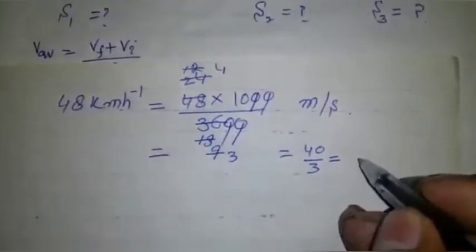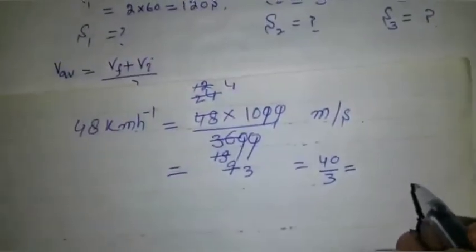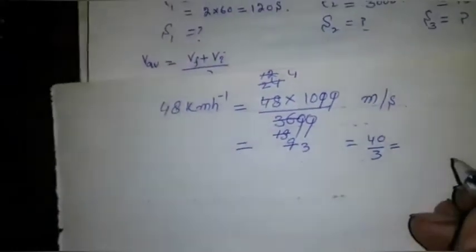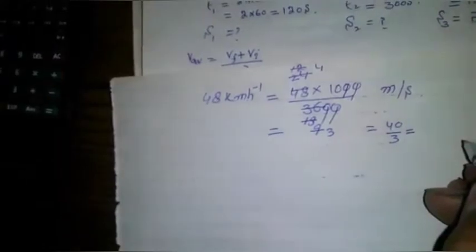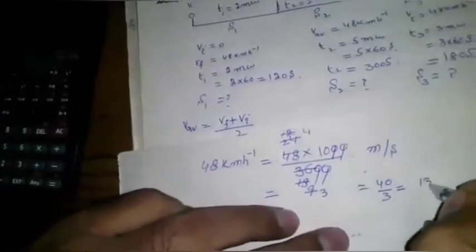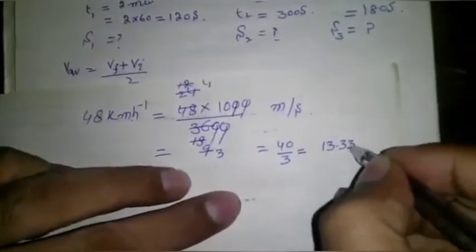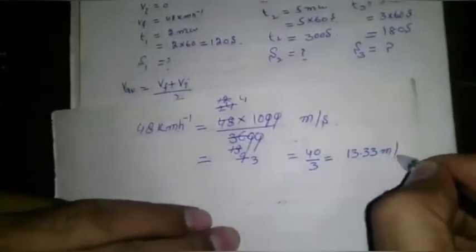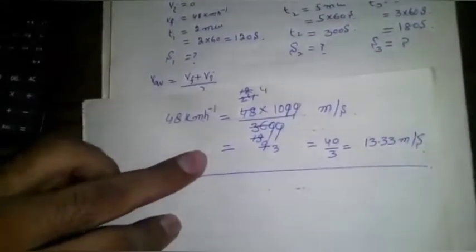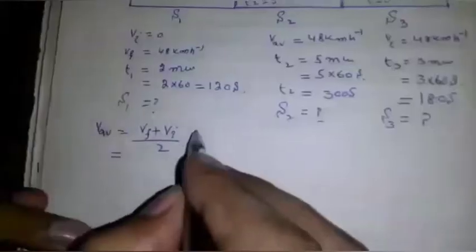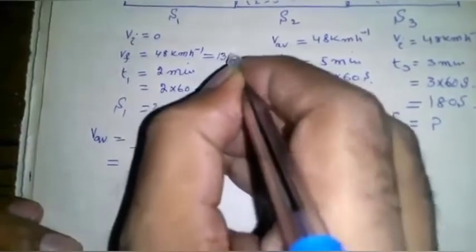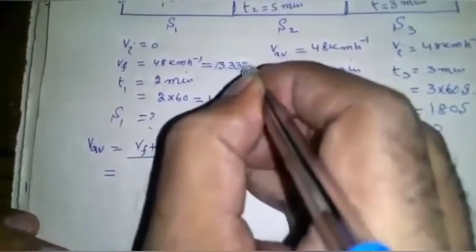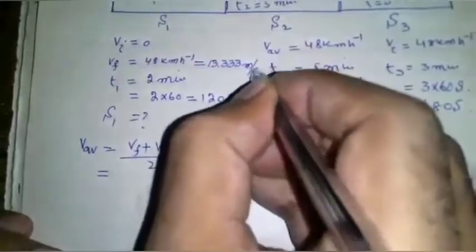We divide it with the calculator. 40 divided by 3 is equal to 13.33 meter per second. So Vf here is equal to 13.333 meter per second.